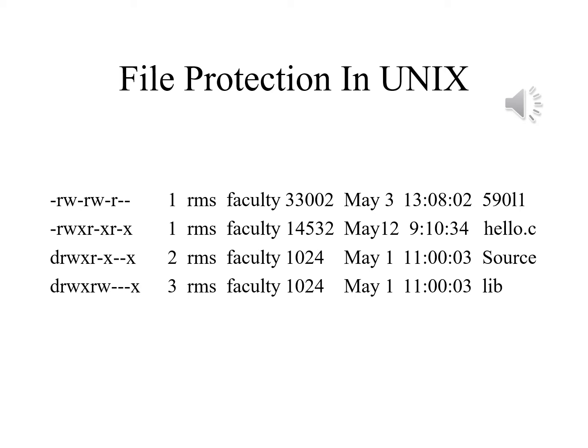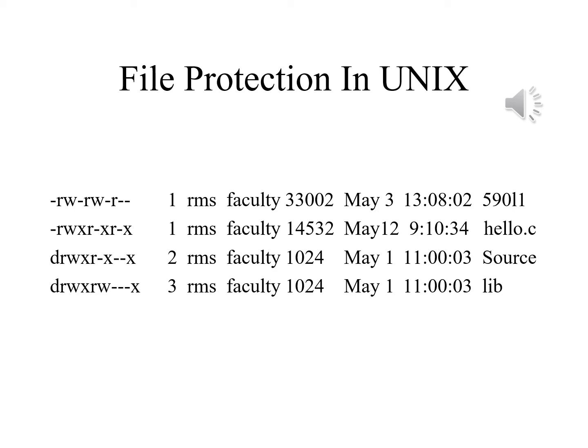The other letters or dashes break down into three groups of three. The first triplet indicates whether or not the file's owner has given him or herself read, write, and or execute permission. The second triplet indicates whether any of these permissions have been given to the owner's group. The last triplet indicates whether these permissions have been given to the rest of the users on the system.